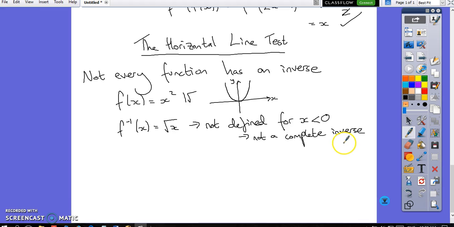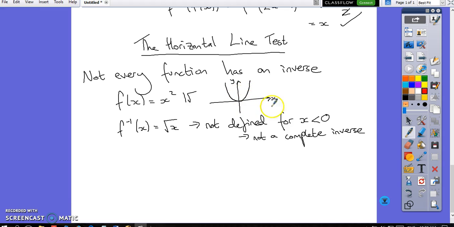So we can check this. Just as we checked whether things were functions with vertical line tests, do you remember that because I can always draw a vertical line here, and it only ever crosses the function once, then it is a function, because for every input we need just one output.